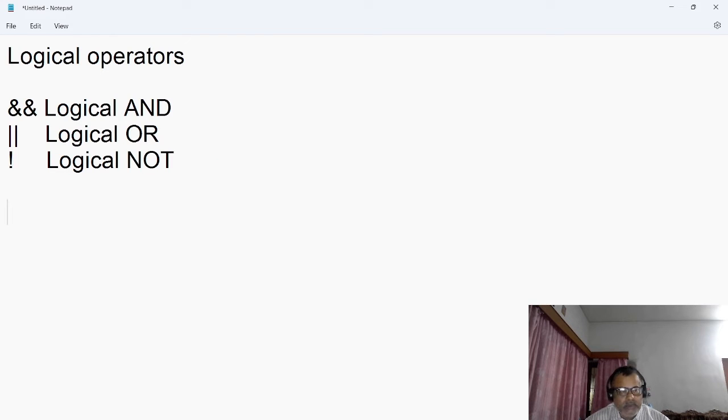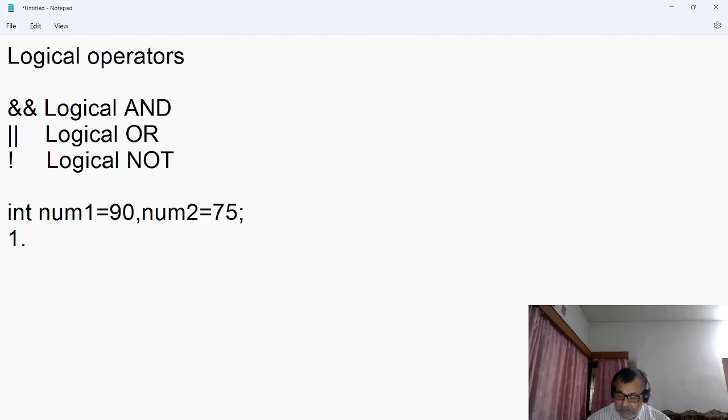What is the meaning of this? To understand this, I want to take two variables: num1 and num2 equal to 75. Now please see the first example.